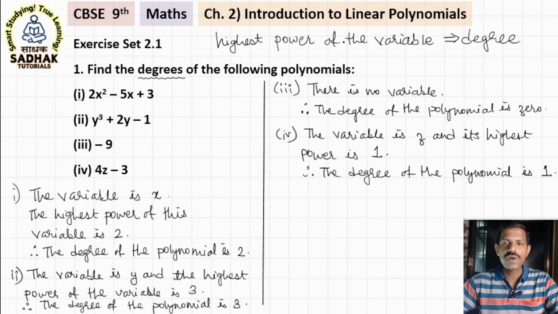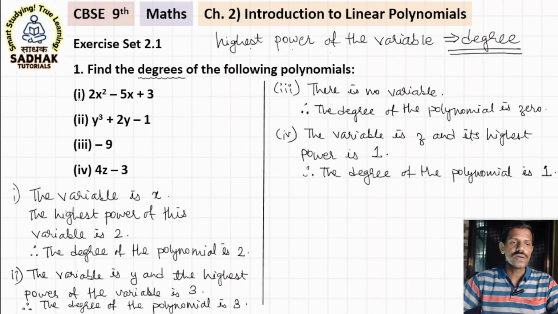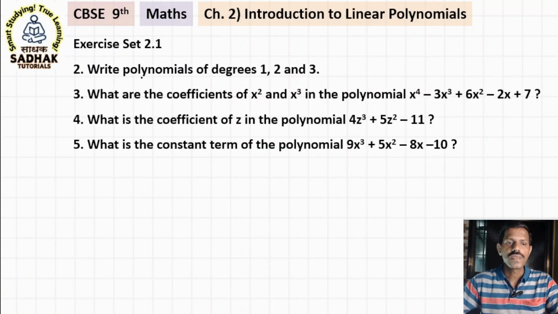In this question we are talking about the degree of the polynomial, and once again I will repeat, the degree of the polynomial is the highest power of the variable in that polynomial. So chalo, let us go to the second question in this exercise. Question number 2 is: write polynomials of degrees 1, 2 and 3.